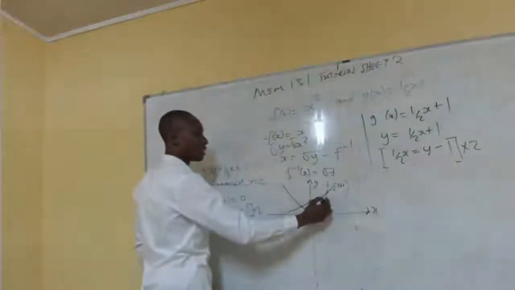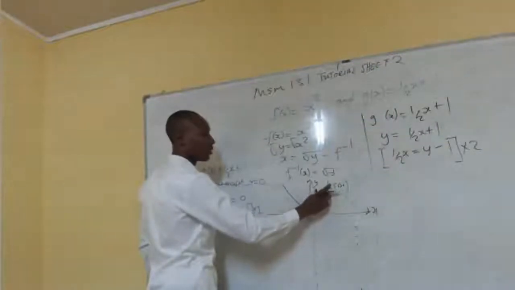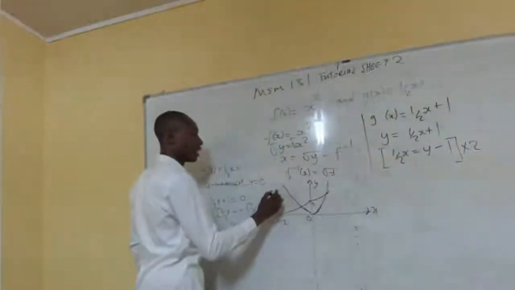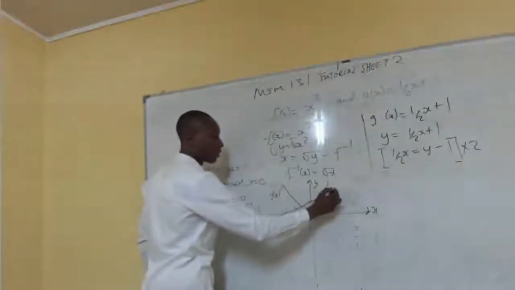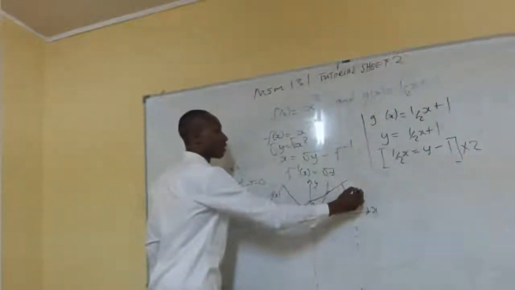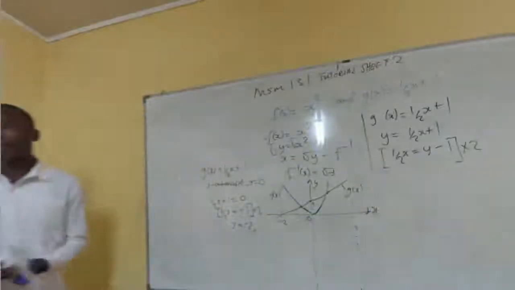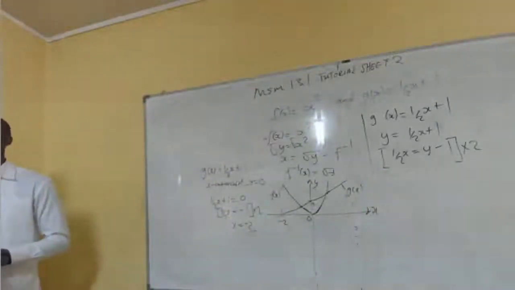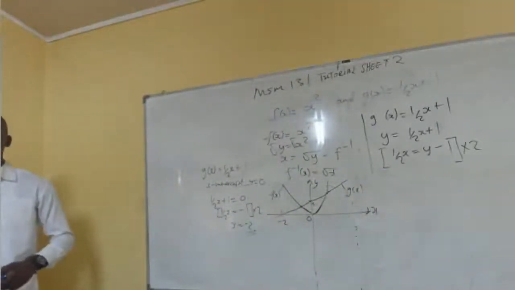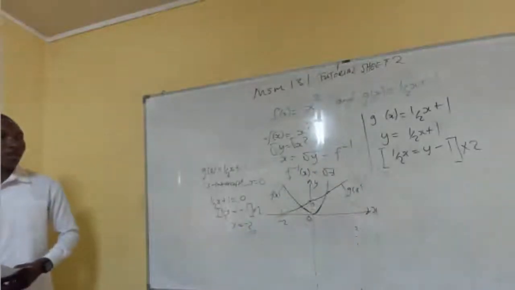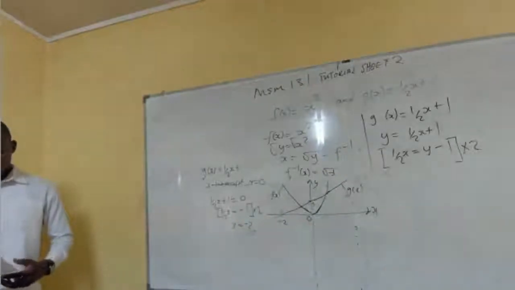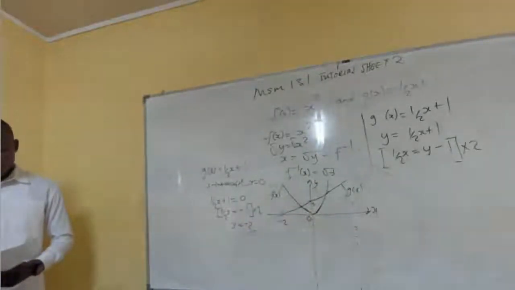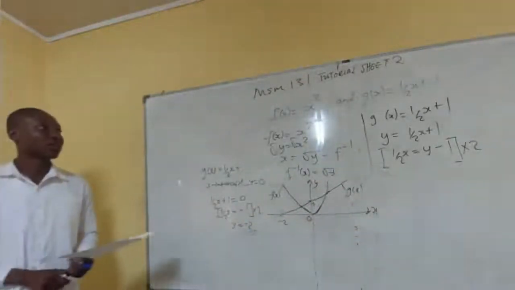Alright, so the function here is f of x, and this straight line here which we have is g of x. Okay, so I've sketched that.